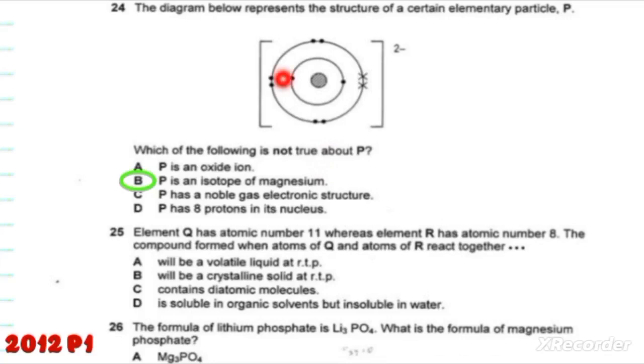Since we have 8 original electrons before adding these two, this element also has 8 protons in the nucleus. So therefore, our correct answer is B.